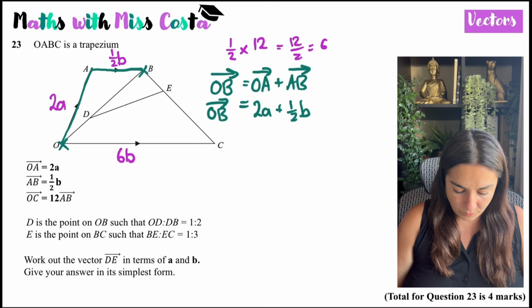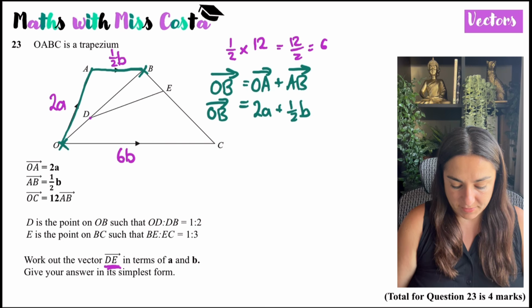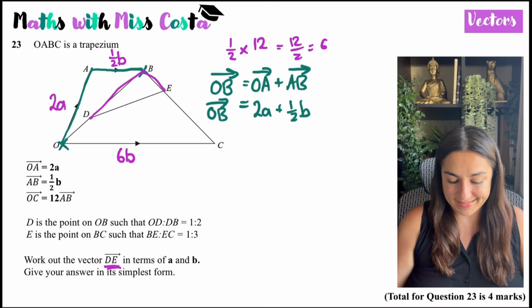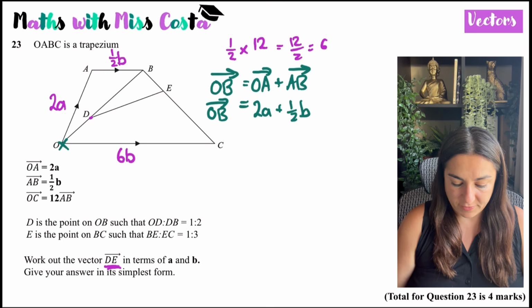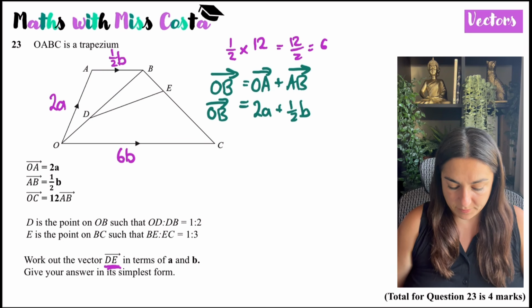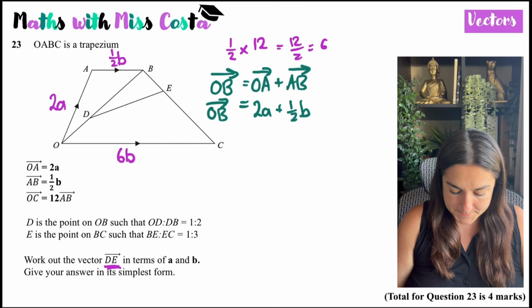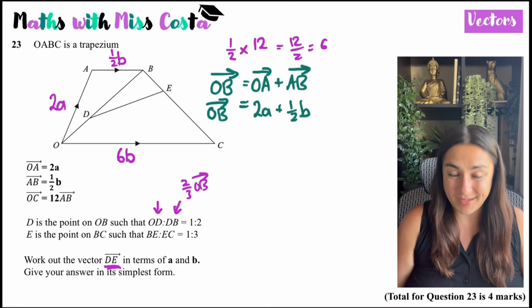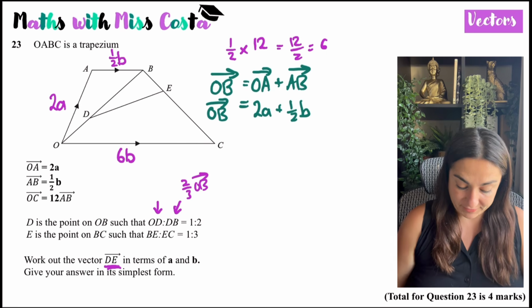Now if I want to get from D to E as my end point, then I'm likely going to want to use DB and then BE. So the next sensible thing would be to figure out what the vector DB would be. So I know that DB is 2/3 of OB. So the trick here is converting the fraction parts into vectors.